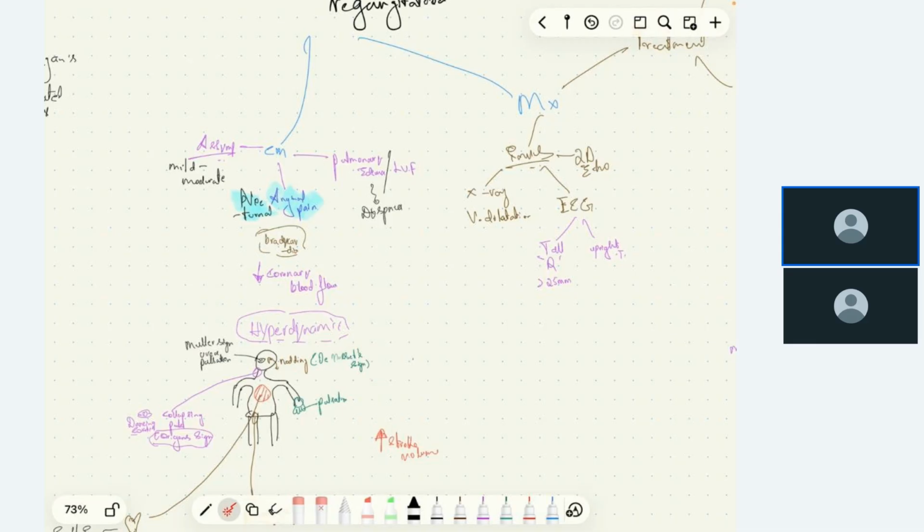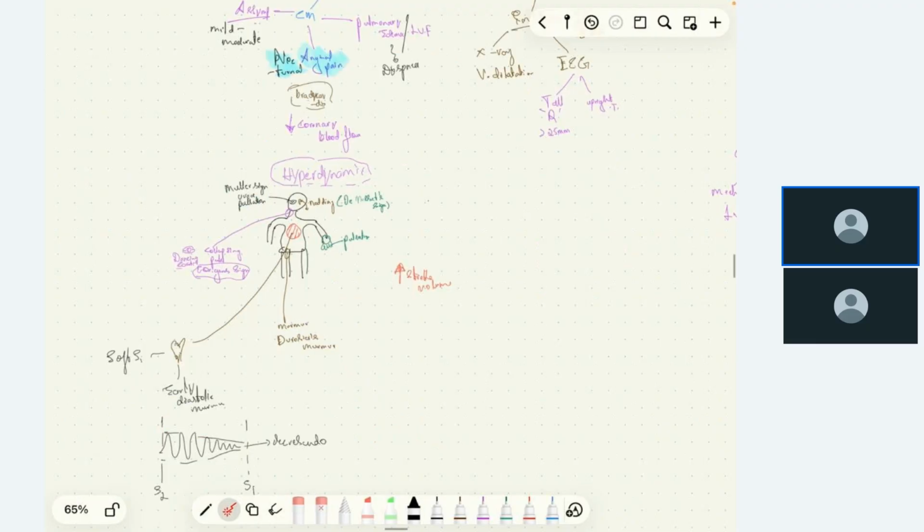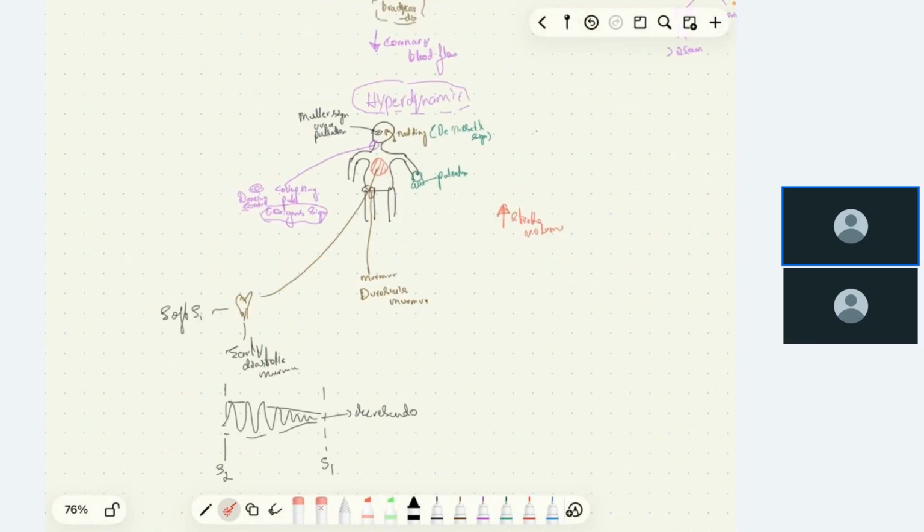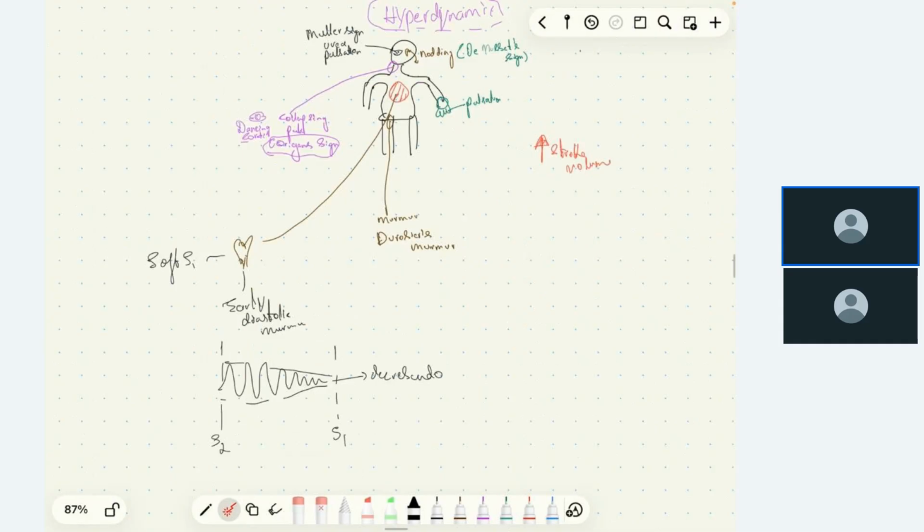Now, what are the murmurs and auscultatory findings that we see in case of aortic regurgitation? Due to aortic regurgitation, we will see a soft S1, and also an early diastolic murmur.